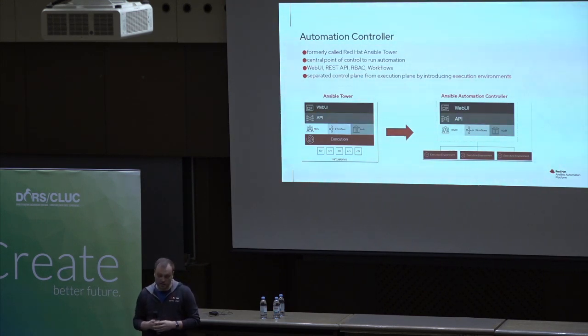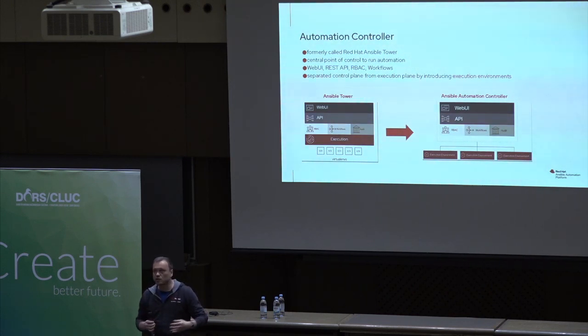One of the crucial components of both AWX and Ansible Automation Platform is Ansible Controller. In the past, we were calling it Ansible Tower, and it provides us a web user interface, a graphical user interface, and some kind of API. This is a REST API in this case. We have some powerful features like role-based access control.